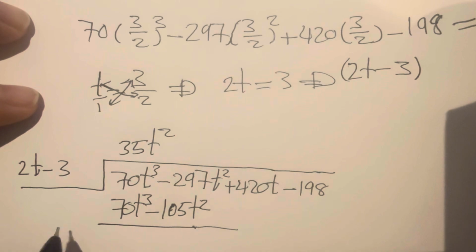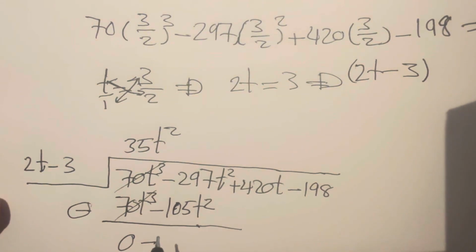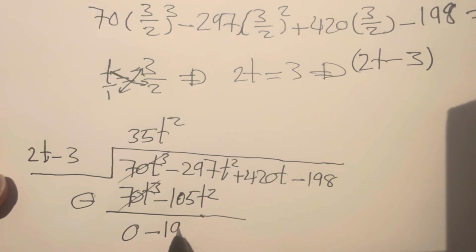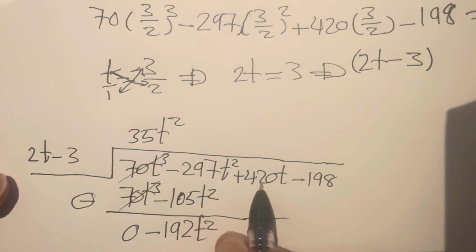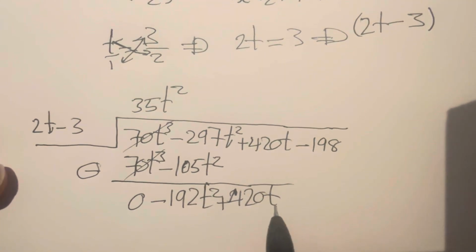So if we subtract this equation from this, we get 0 for this, and this is going to be a plus, so minus plus is going to be minus, because this is bigger, minus 297 minus 105, we get minus 192t squared, and we take down the 420t.